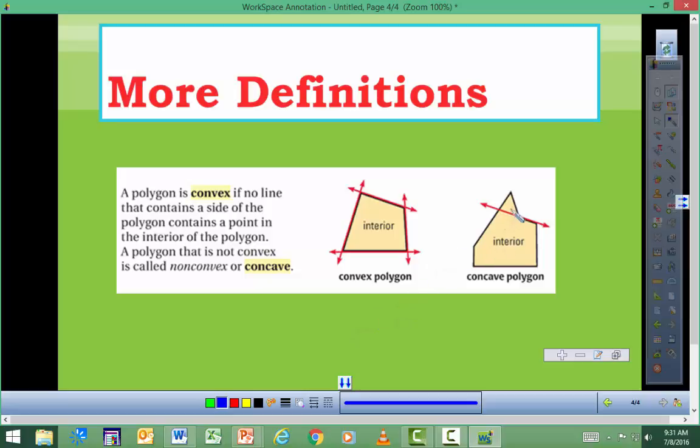If you can pick any point on one segment or one side, and you can pick any point you want on another segment, and you draw a segment joining those two, and if any point of that segment lies on the outside, then we say it's concave.